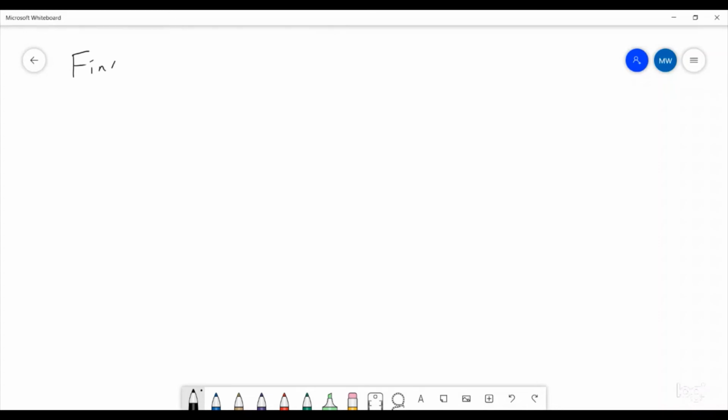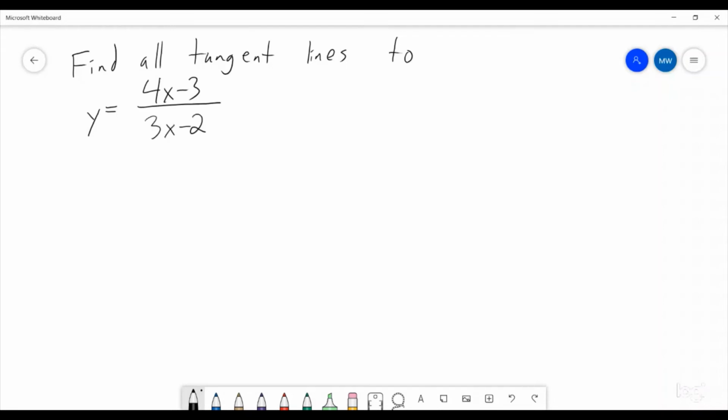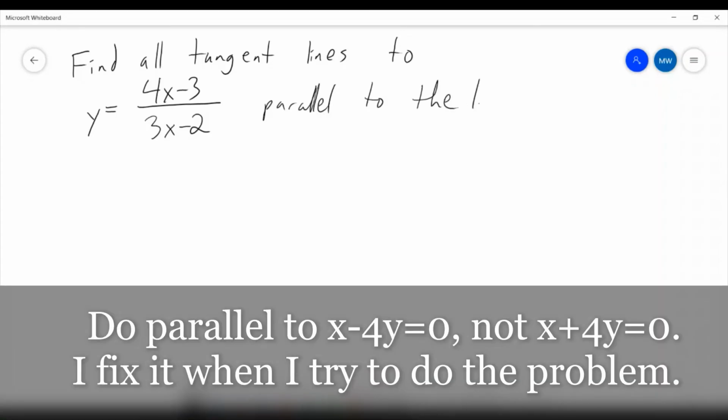It'll be something like: find all tangent lines to y equals, and then they'd give us some function, maybe 4x minus 3 divided by 3x minus 2, parallel to the line of, let's see, x plus 4y equals 0.